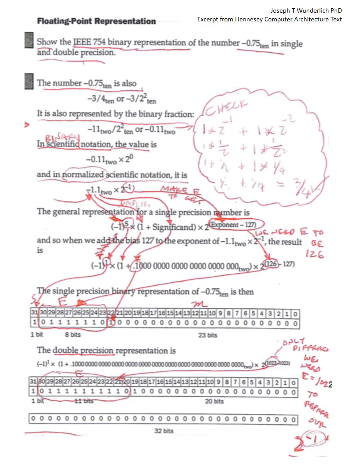Then perhaps the trickiest part is this exponent. So we started with negative 1.1 times 2 to the negative 1, and now you're saying, well, negative 1 is the exponent. Well, it's not what goes into the field of 8 bits below. You see that E down there. That's not what goes in there.